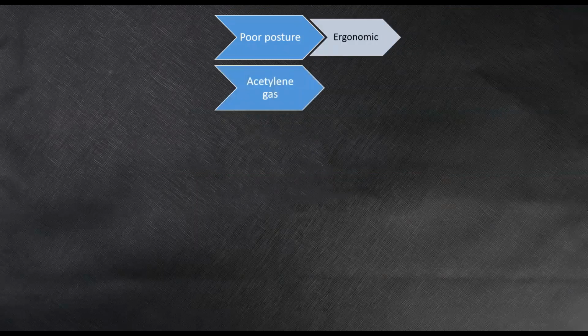But before we proceed to that, please try to identify the different examples of hazards that I will be presenting in this slide. Poor posture. What type of hazard is this? Yes, ergonomic hazard. How about acetylene gas? Correct. Chemical hazard.